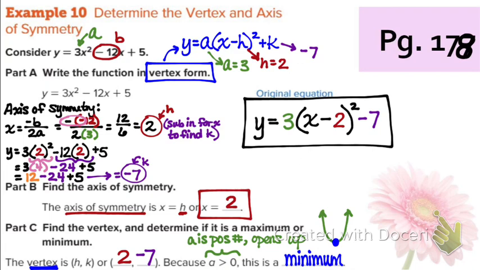Can you describe what A, H, and K are doing to this graph? Start with H. How is H affecting this graph compared to the parent? Right 2. Down 7.